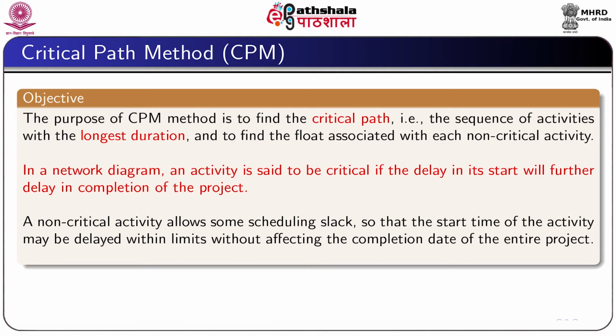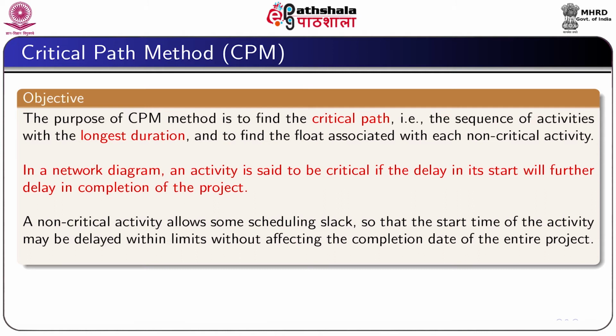The primary objective of CPM method is to find the critical path, that is the sequence of activities with the longest duration, and to find the float associated with each non-critical activity.